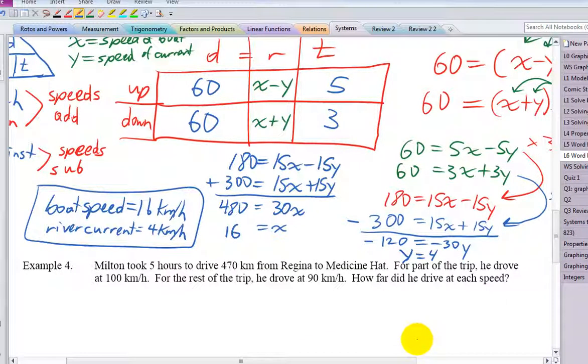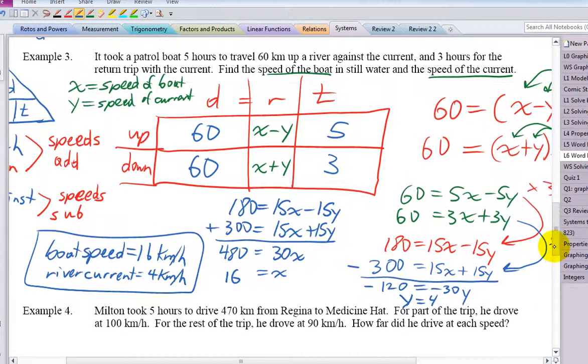Okay, so great question, figuring out the two different speeds. We can make these super hard, but for you guys, we just keep it to the simpler ones.